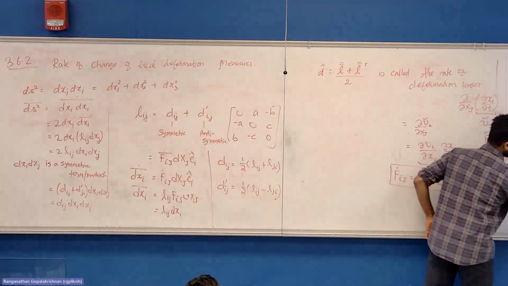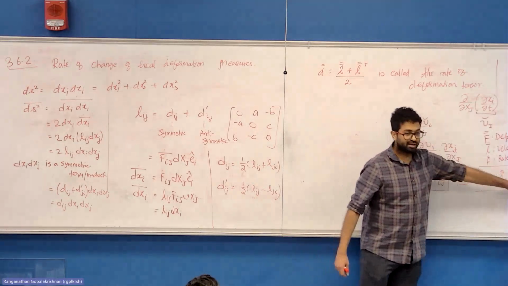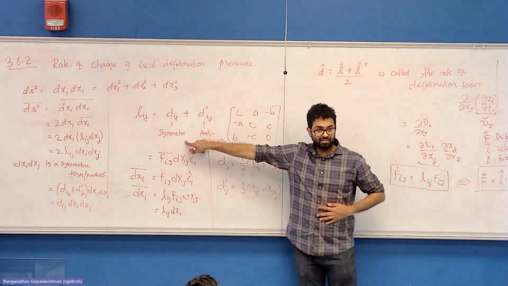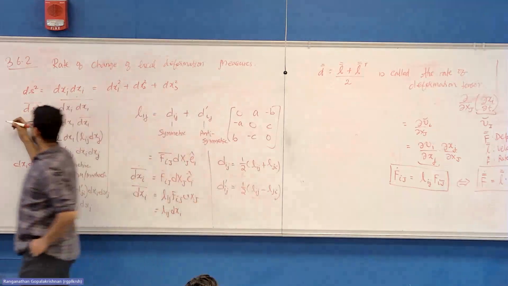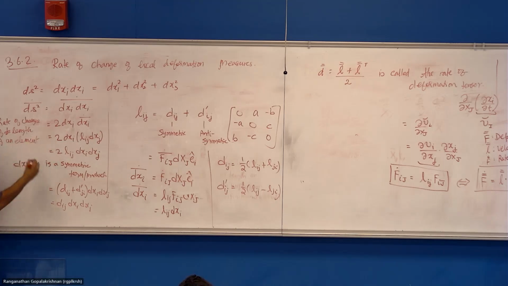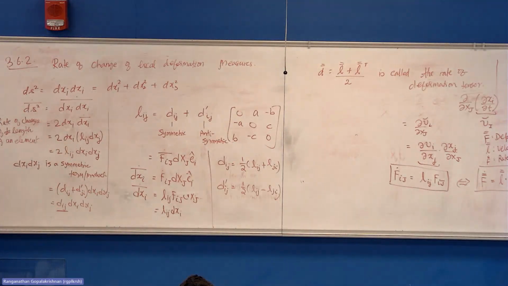L is partial V over partial X. If you can understand that thread, and the thread that L can be expressed as the sum of symmetric and antisymmetric parts, we are relating the rate of change of length of an element to that tensor D_ij. You get this threading right, I don't care for names so much.